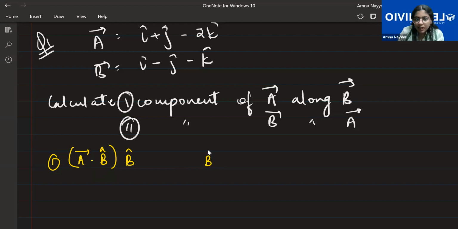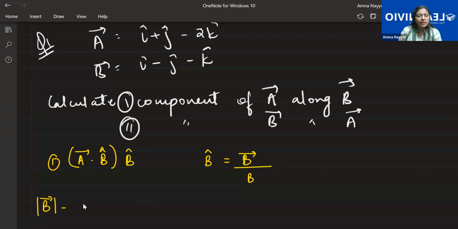What's the formula of a unit vector? B vector upon its magnitude. Yes, very good, Simra. B vector divided by its magnitude. Correct. So we have the vector; let's find its magnitude.